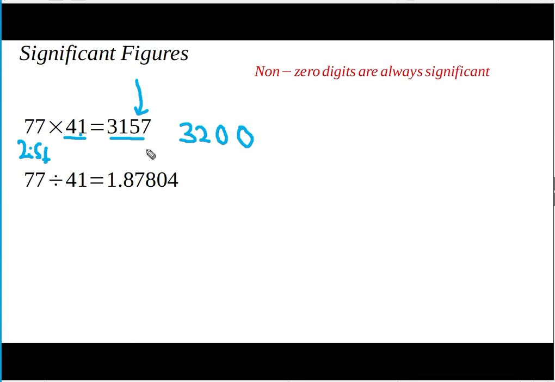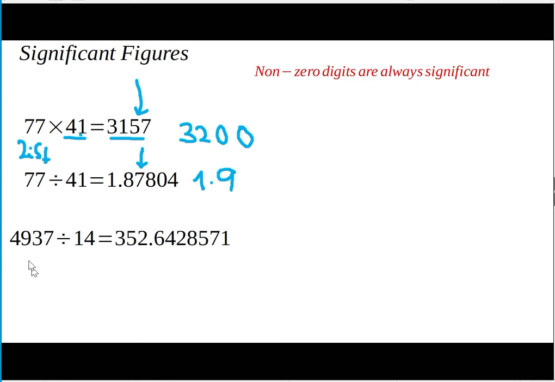So we look at the third one here, because 1, 2, 3, 7 is greater than 5, so we round up, and this gives us 1.9. Here we don't need to write the zeros, because if you write the zeros, they will be counted as significant figures. So we just need this two. We'll see later.